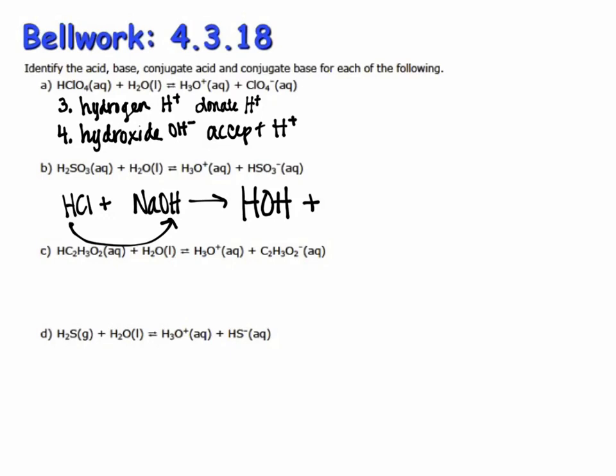What's the other thing we got? NaCl. And anything that is composed of a positive and a negative ionic bond is called generically a salt. Okay? So acids and bases come together, they make water and a salt.